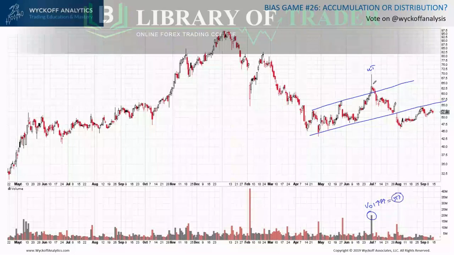And what happens after that? The price goes down, goes through the whole trading range, and then commits to the downside in a meaningful way on 1, 2, 3, 4 progressive closes to the downside.